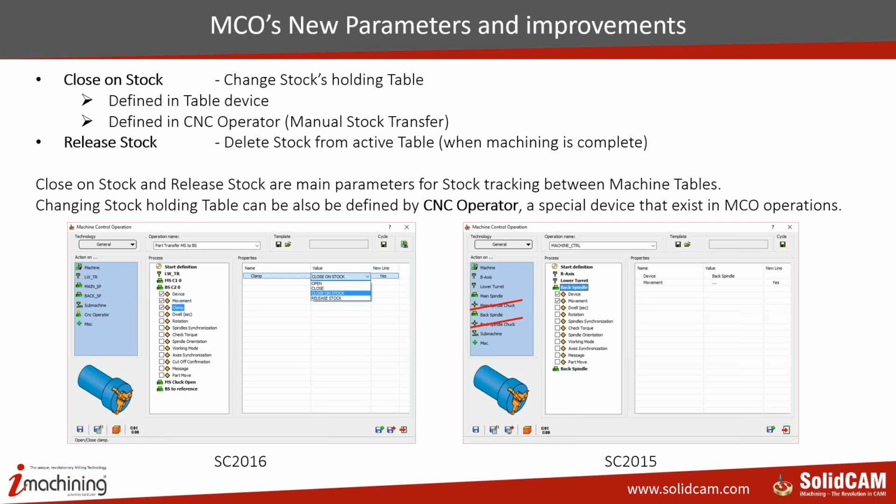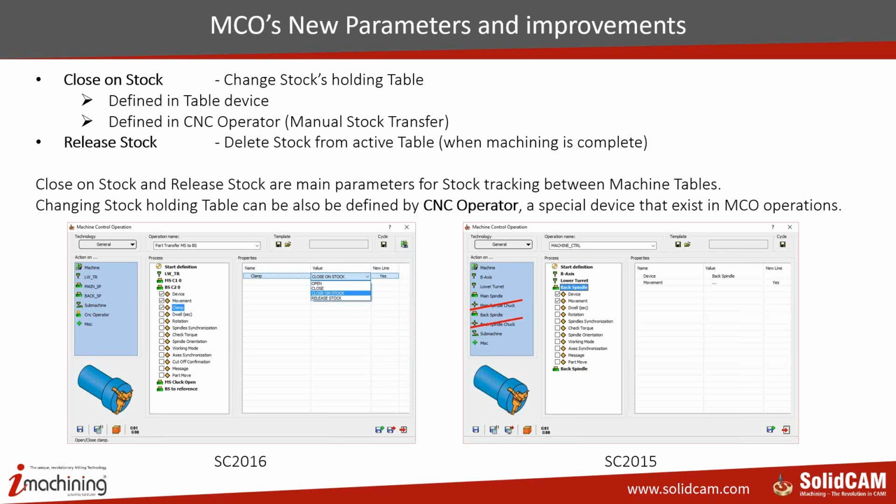But the new parameters that we have added are close on stock and release stock, and you can locate them in the clamp. You remember that I talked in the beginning about machine setup and where the stock is located. This allows us to understand where our stock and part are at any point of our programming of the CAM part.